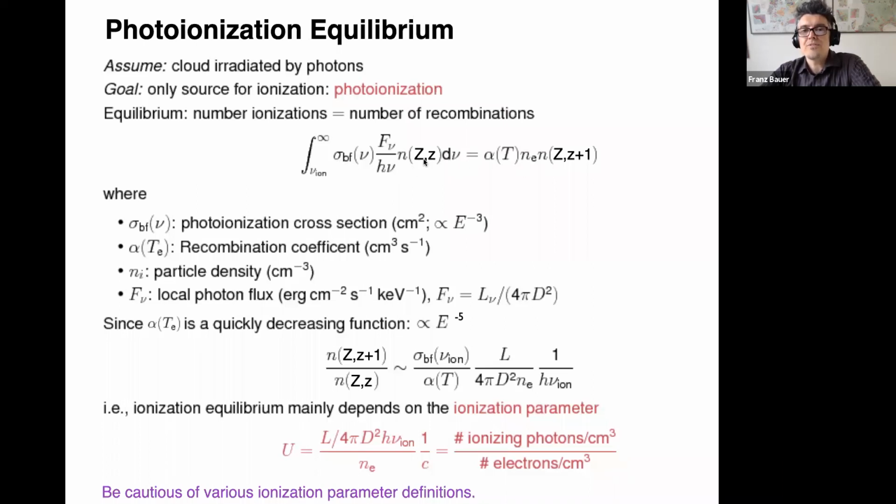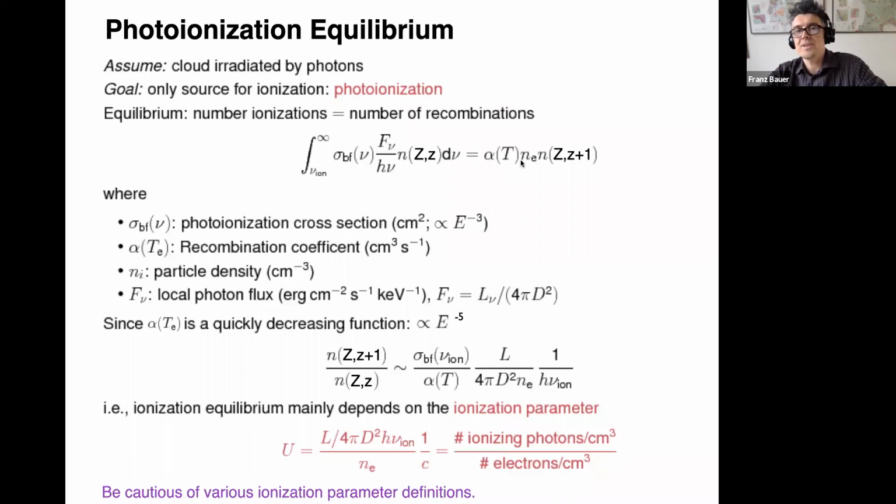And so we have some photon field, and we want to integrate over all the frequencies that are relevant to potentially ionize that particular transition or that particular level or electron. And then we want to compare that to the recombination rate, which is going to be dictated by the temperature of the system, right?